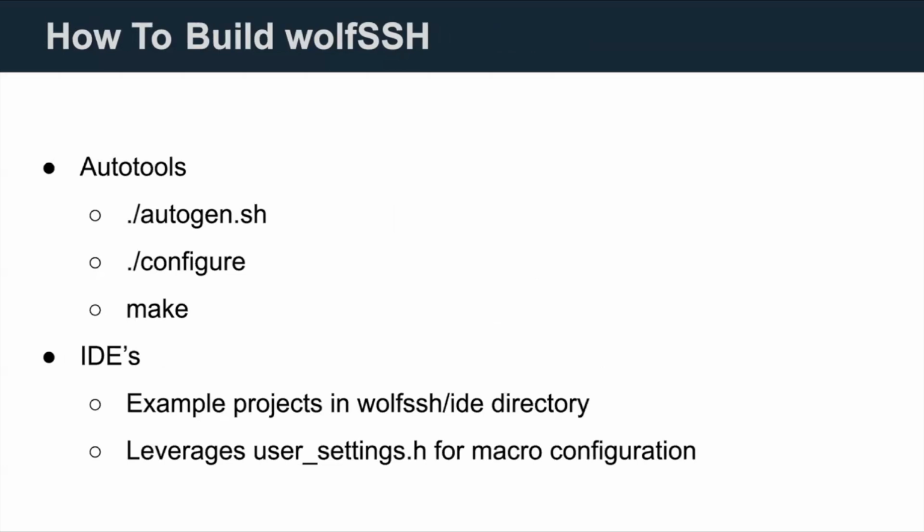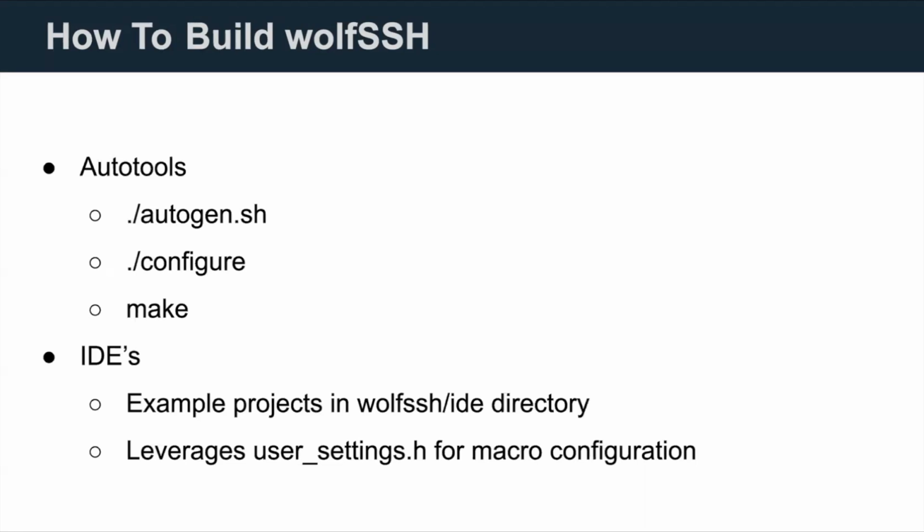Without building inside of Yocto, the typical way that you build wolfSSH is with either AutoTools or an IDE. When using AutoTools, you would do something like autogen.sh, configure and make to get the default build, and then make install if you so desire to put the library at the usual /usr/local/lib location for other applications to link with.